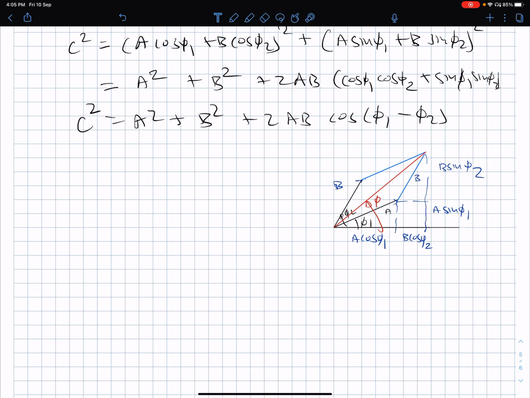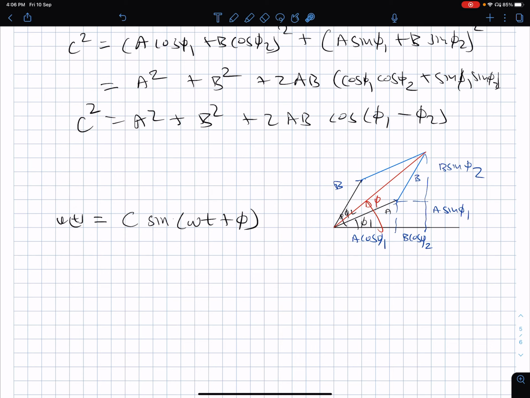So V of t became equal to C times sine of omega t plus phi, which is to say that when I added two sinusoids at the same frequency, I got a new sinusoid with a different amplitude and a different phase shift, but very importantly at the same frequency.